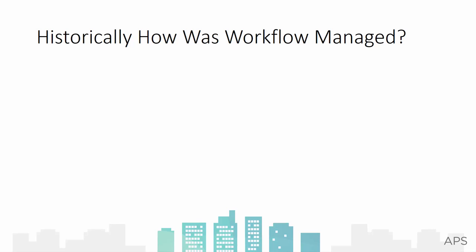Historically, how was workflow managed? Before the Work Centre, people were able to use a personal to-do list. That would show you every milestone that was outstanding that you've been assigned responsibility for. Practice IQ is a reporting tool that is available from a data warehouse, so it may be updated once or twice a day.